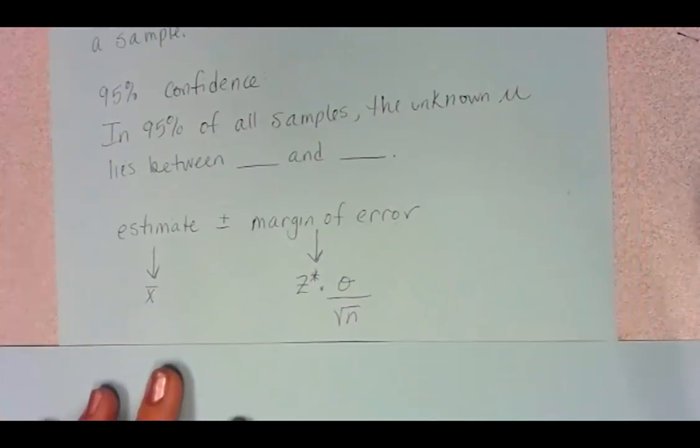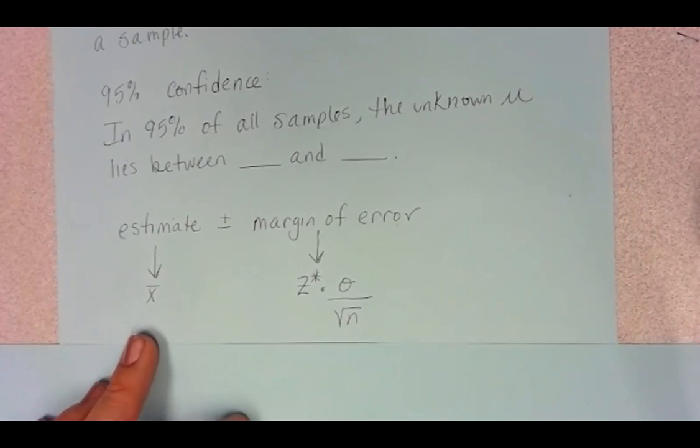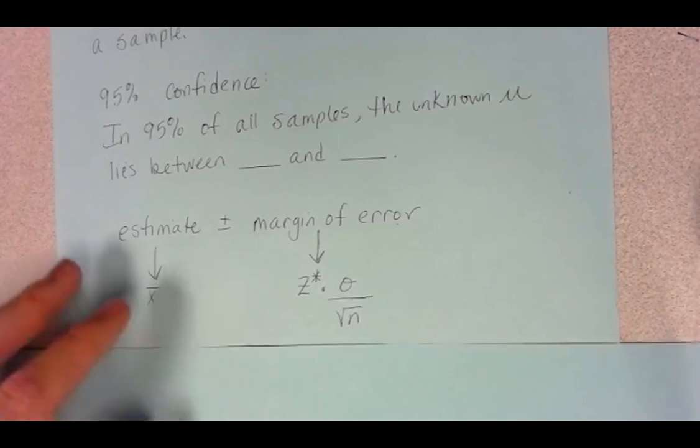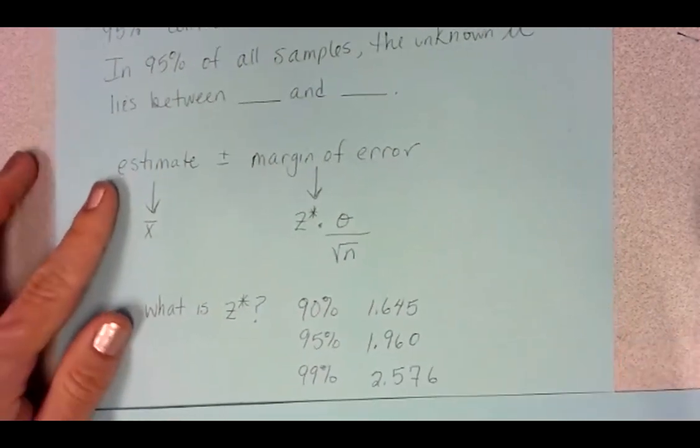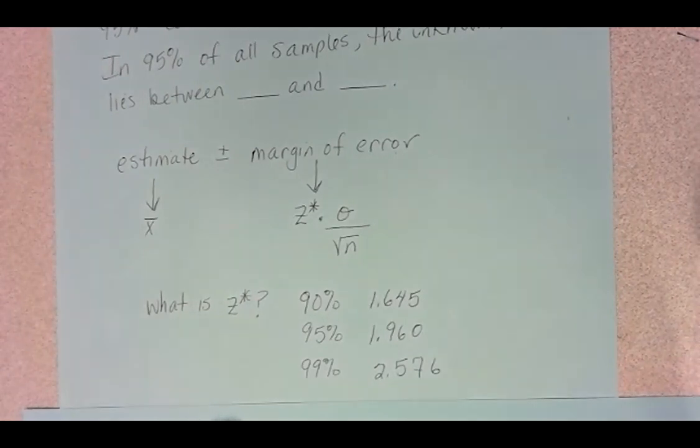So, confidence intervals are found by taking the estimate, which if I'm using an estimate for mu, that's going to be x bar, plus or minus the margin of error. And I get the margin of error by doing the calculation that you see here. Now, what in the world is that z star referring to? Well, that depends on the level of confidence that I'm looking for.